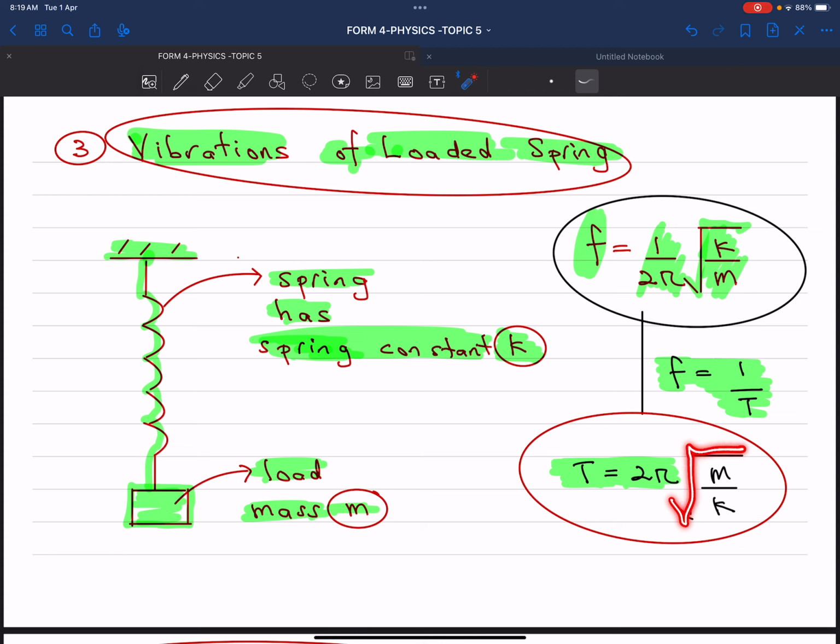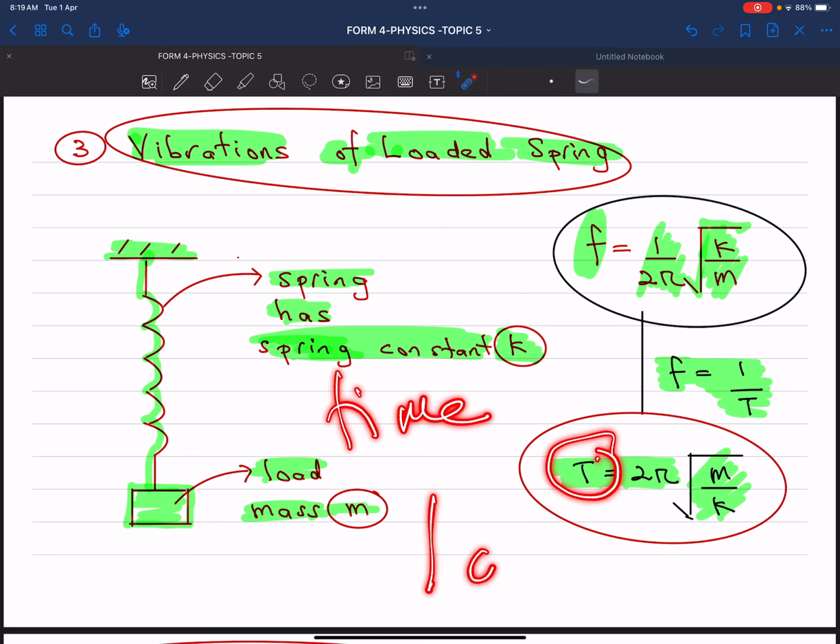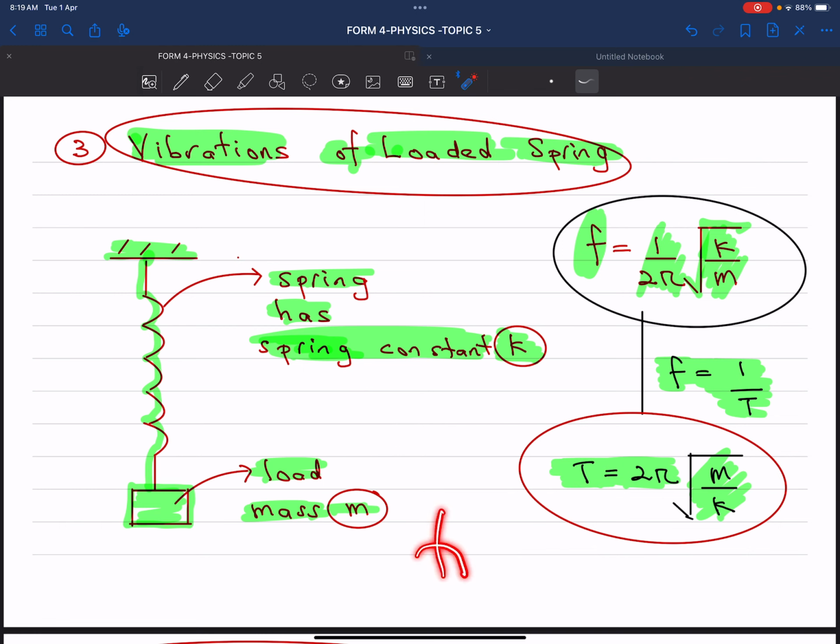The square root is maintained. K over m now becomes m over K. So period is T equals 2 pi square root m over K. From the previous lesson, the period is the time for one oscillation.